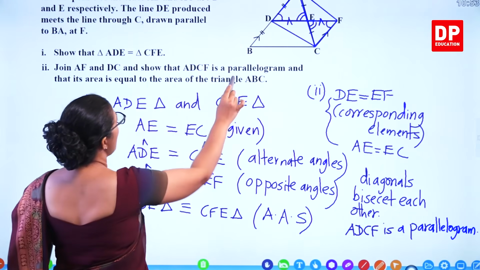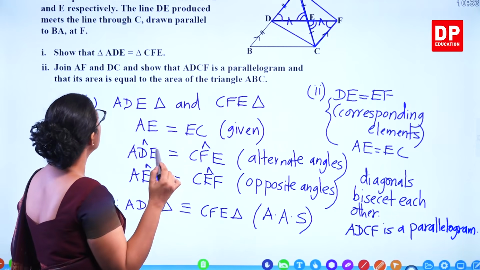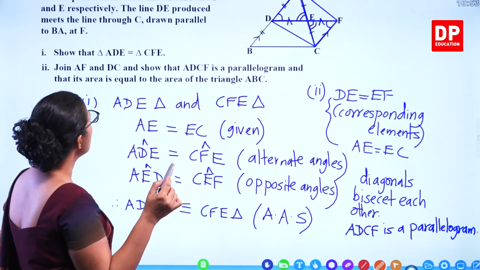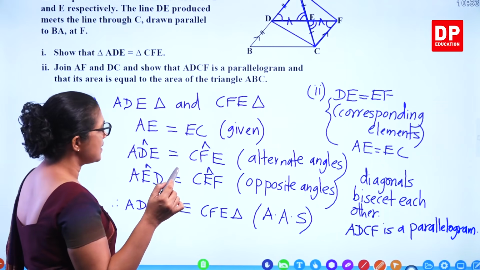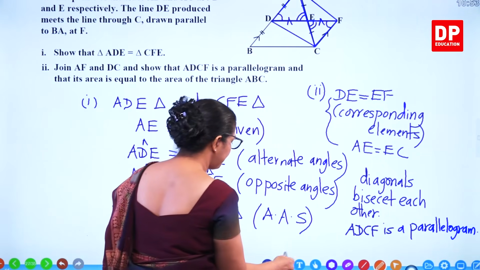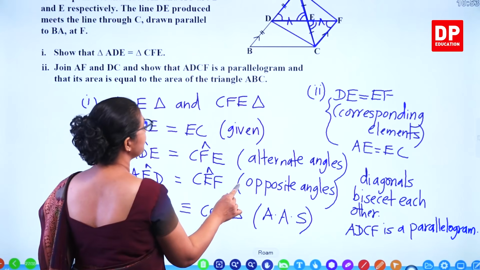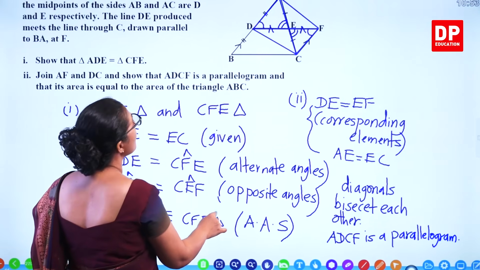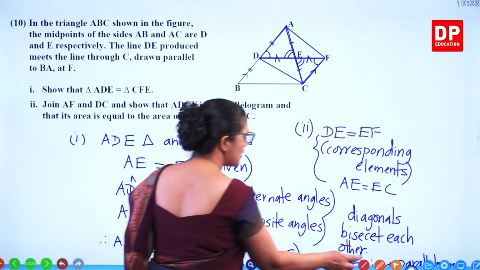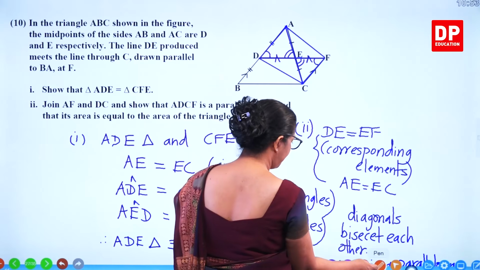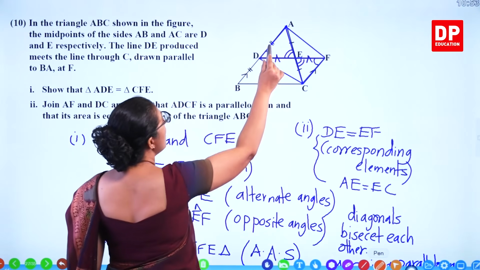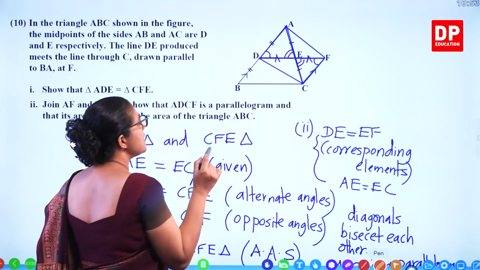So that's this part. And you have to show that the area is equal to the area of the triangle ABC. So we'll do that last part. Now look carefully at this one. We need to find the area of ABC.